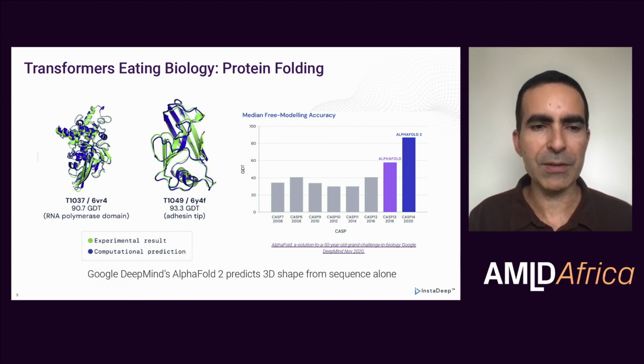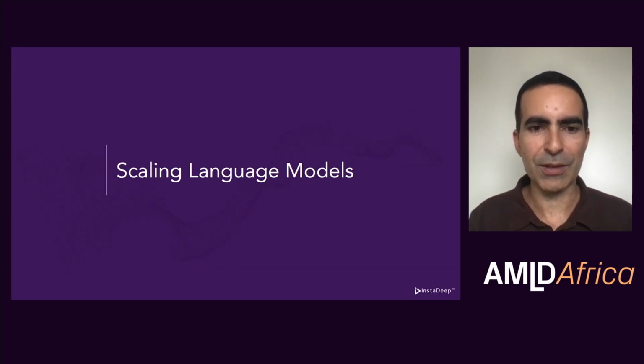Here you see the experimental 3D structure versus the in silico computed, or AI generated, 3D structure, and you see they have a pretty good match up to atomic levels. This is a scientific problem that was unsolved for 50 years. Yet, like language models, attention-based models have been able to solve it. So we live in truly extraordinary times where one model can effectively help write programs, solve vision, solve NLP, and even solve complex structural biology.